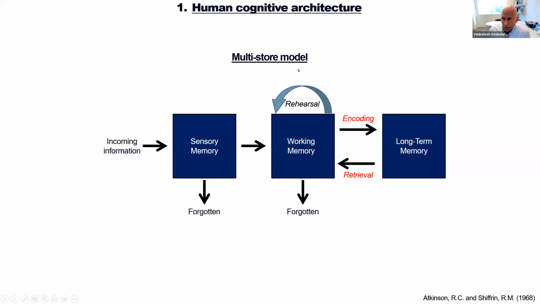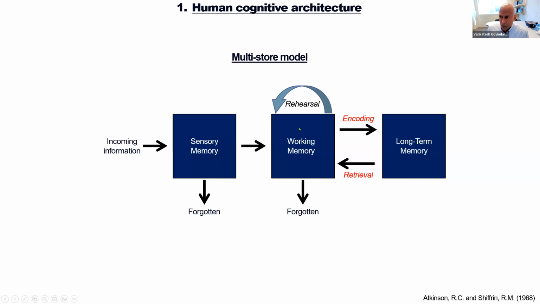So the model proposes that essentially there are 3 stores of memory, and information is passed along in a linear fashion from one to another. And the very first store is sensory memory, and this is where perceptual information is stored. And this is quickly forgotten unless the information is paid attention to.